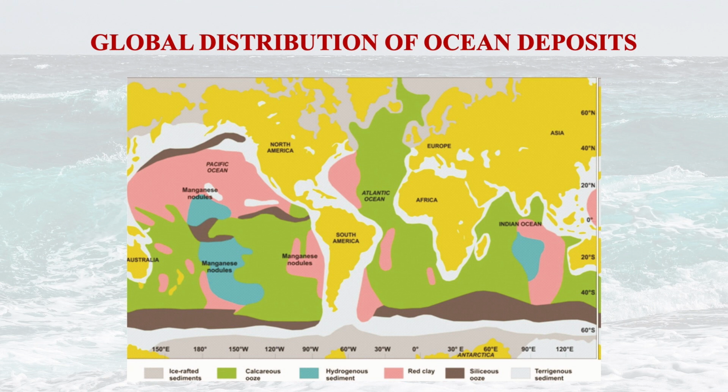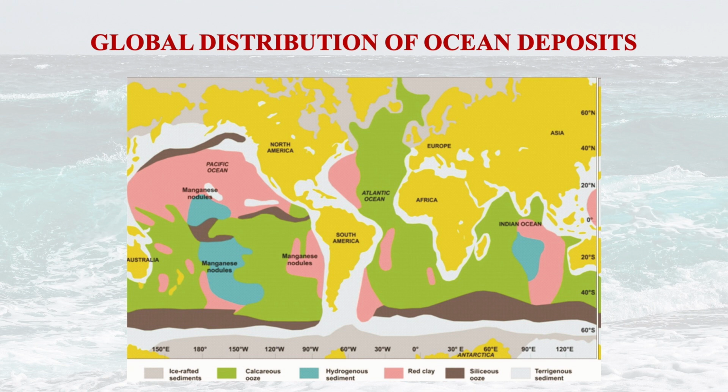You can see the terrigenous deposits are occupying the areas closer to the coast or the shallow water area, shown in the white color. Calcareous oozes are also found in the major portion of the oceans, and are shown in this map in the green color. And you can see some manganese nodules over here, and some hydrogenous sediments also.